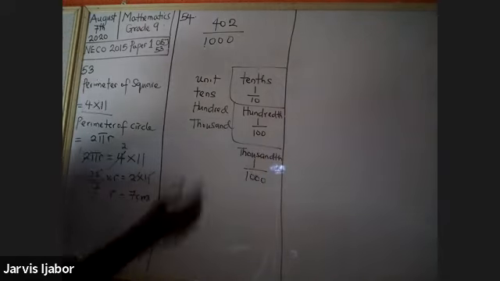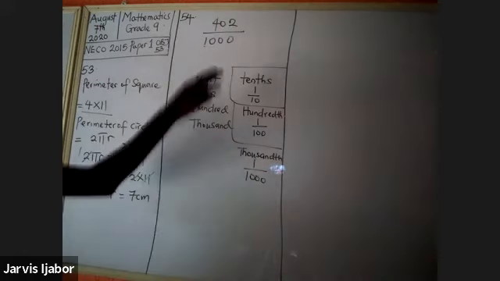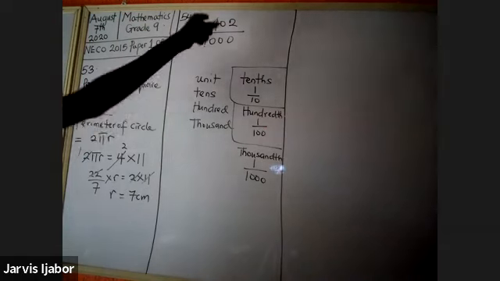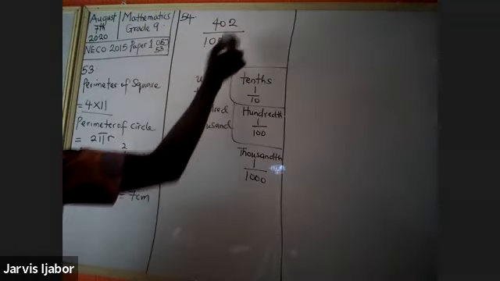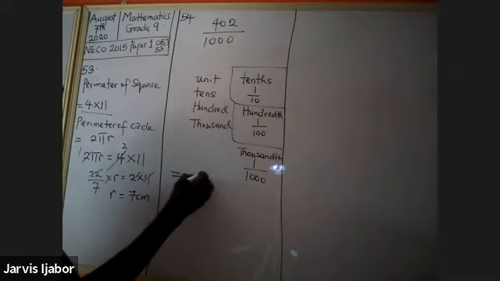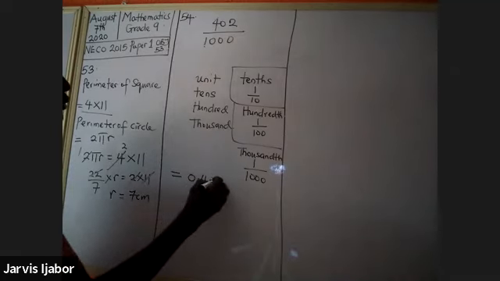So that's how it is as you move from one to the next. So for this in decimal now, this is 3 decimal places. This will be 1, 2, 3. So the answer becomes 0.402.